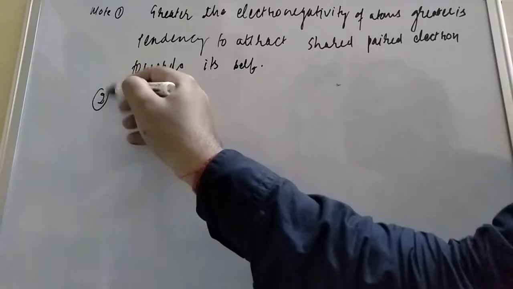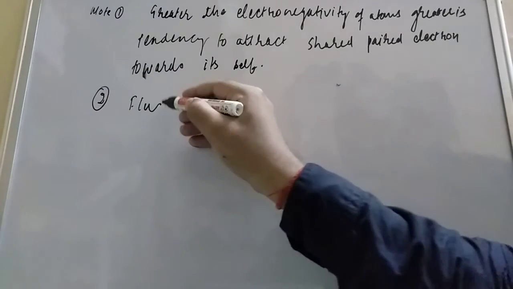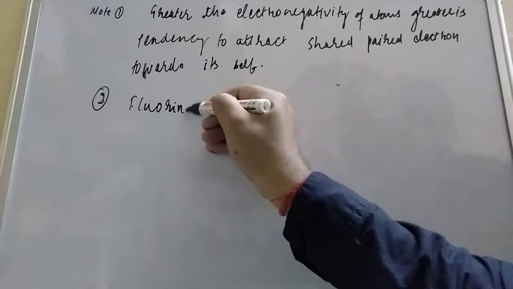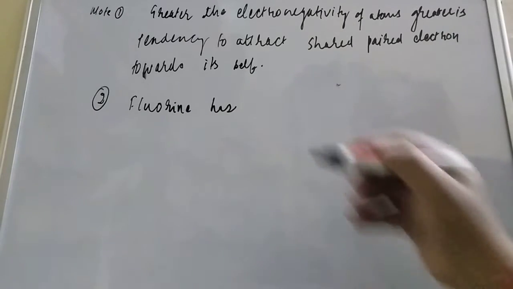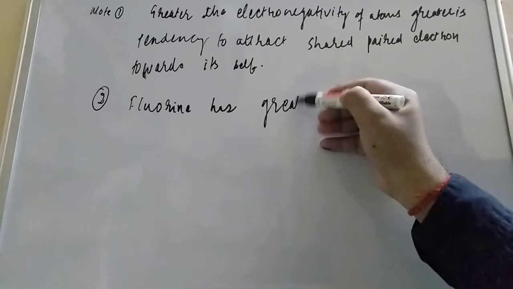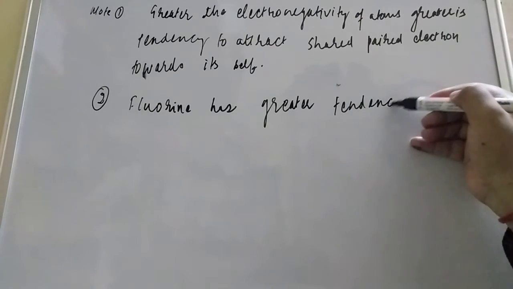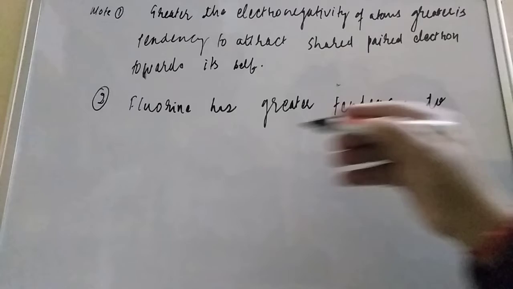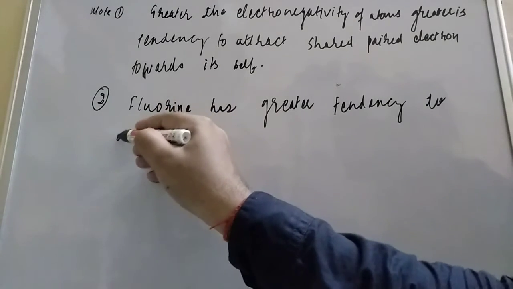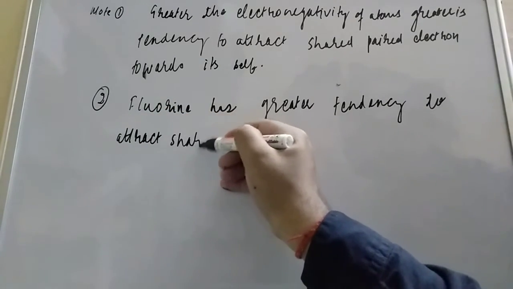So point number 2 is fluorine. Fluorine has the greatest tendency to attract the shared paired electron.